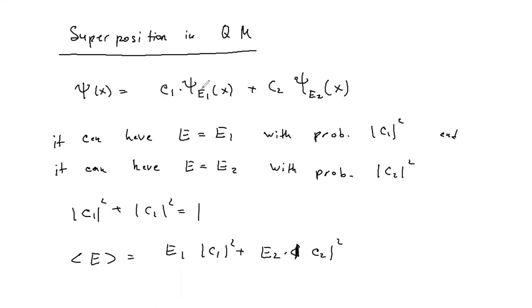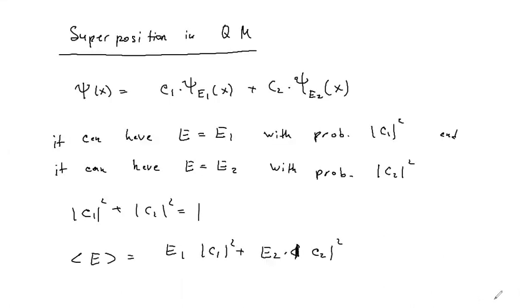So the particle may be in this state with some probability, or in another state with some probability, at the same time. It should puzzle you, because it's a little bit counterintuitive. This is what makes quantum mechanics: the superposition principle. A particle may be in different states at the same time.